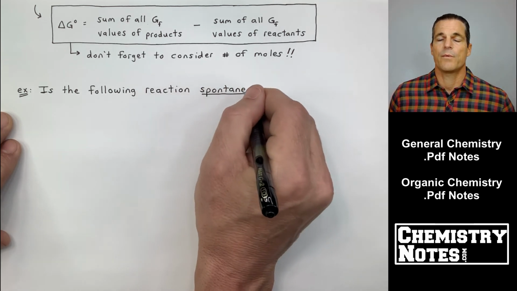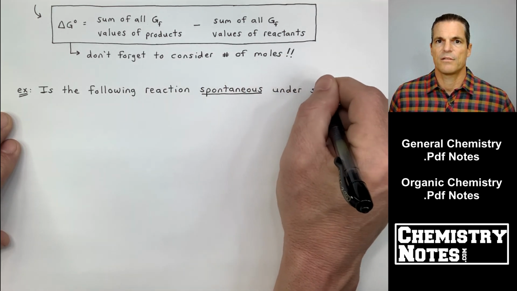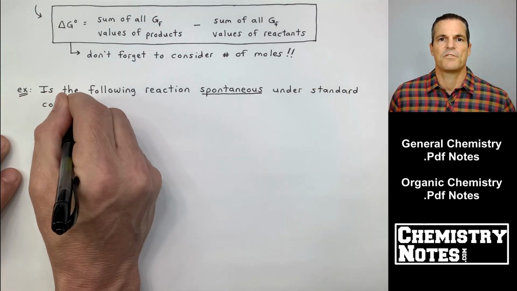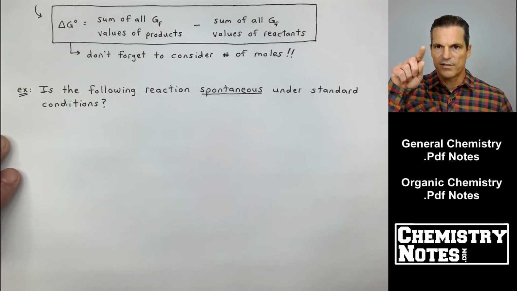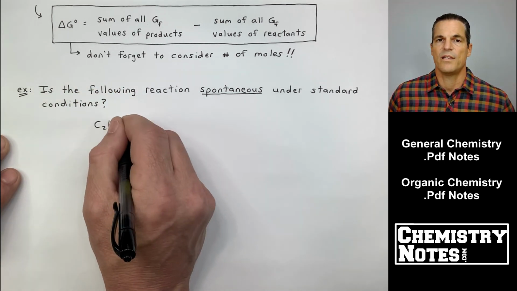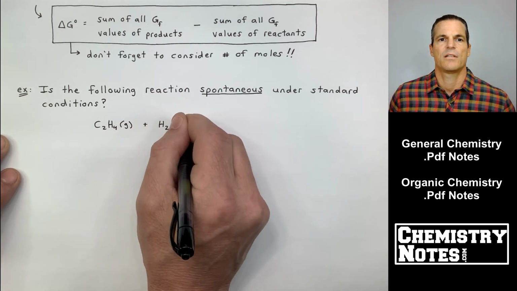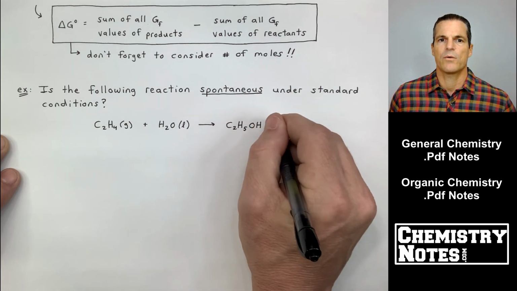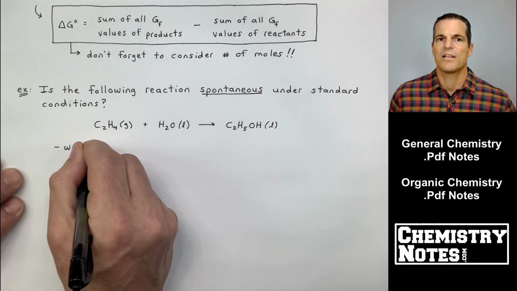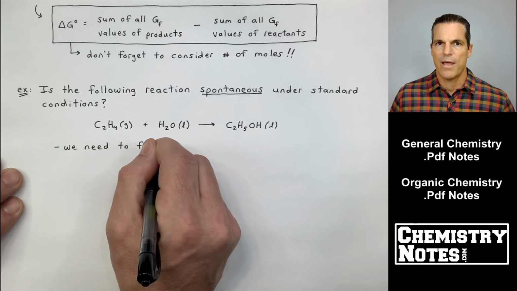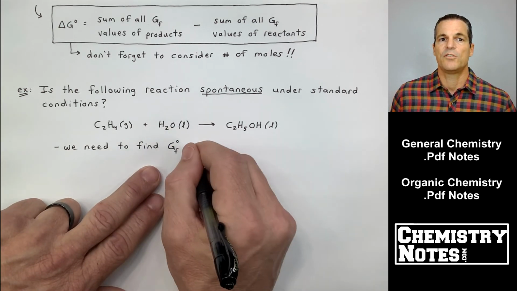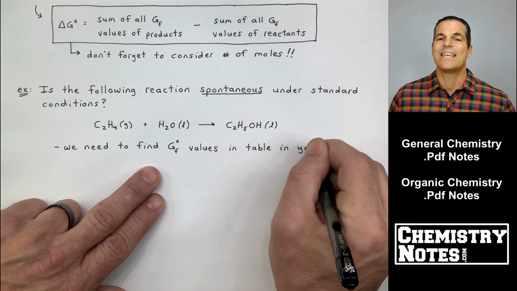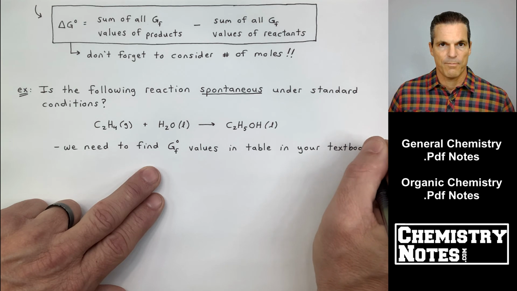Example: is the following reaction spontaneous under standard conditions? Standard conditions, remember, we have a little degree sign, so standard conditions, it's 1 atm pressure, 25 degrees Celsius. So here's the reaction. C2H4 gas plus H2O liquid yields C2H5OH liquid. The states of the reactants matter. So I have to look up C2H4 gas, H2O liquid, and C2H5OH liquid in a table at the back of your textbook.